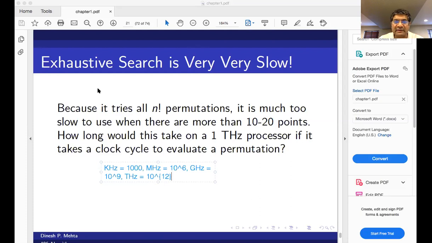In practice it's going to take a little bit more than that, because to evaluate a permutation of length n, I have to add n numbers, and you could reasonably expect a single addition itself to take a clock cycle. So we're looking at maybe n clock cycles just to evaluate a permutation, but we're being magnanimous here. We're assuming that all you need is a single clock cycle to evaluate a permutation.